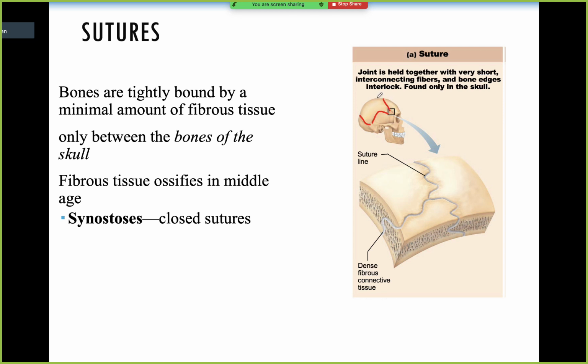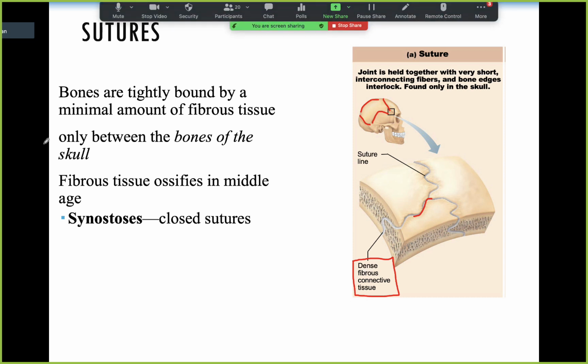We've got another suture here. And the fourth one is one you can't really see. It goes across the top between the parietal bones. This is what they look like very up close. This middle stuff is not cartilage. It is dense, fibrous, connective tissue. So, sutures are a type of fibrous joint.